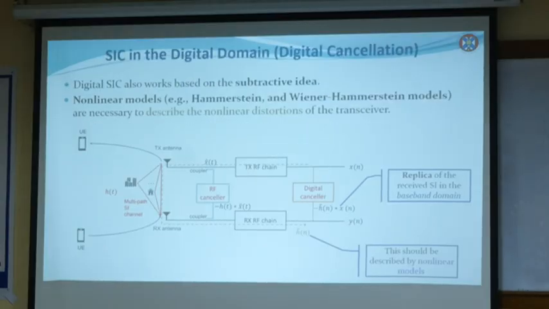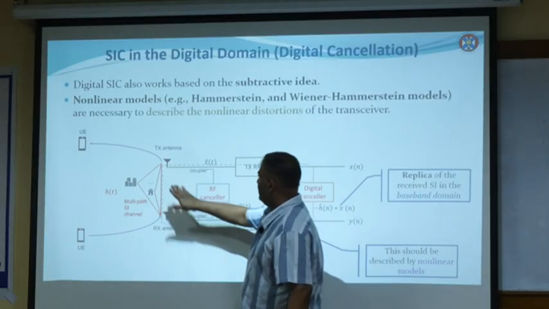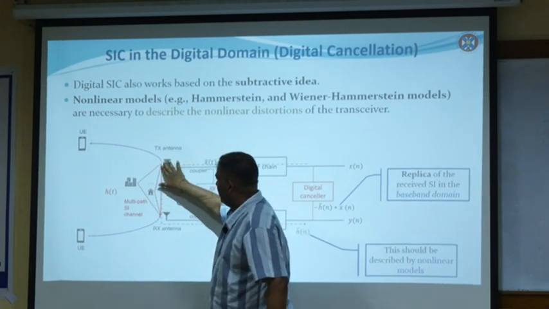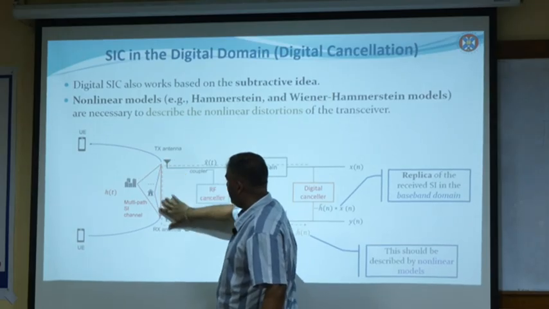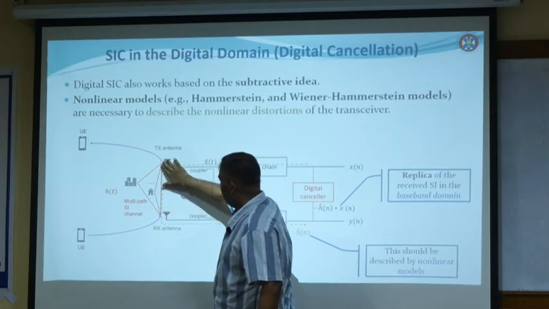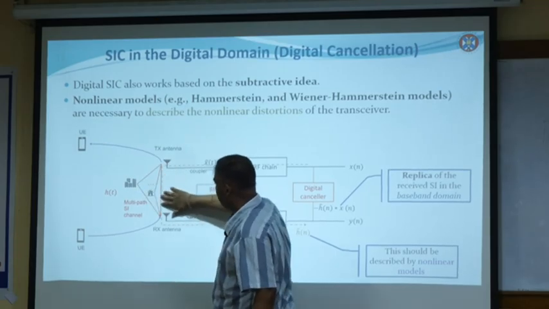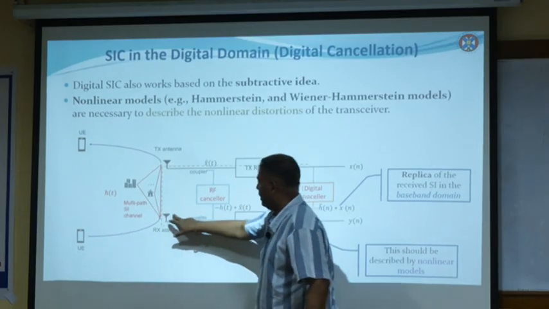Yeah, this is a circuit here. For example, this transmit antenna is sending information to the user. That information is going to the receiver. This receiver can be the same antenna, but it can be different antennas as well. So this is the self-interference that we need to cancel. The receiver is receiving a signal from here.